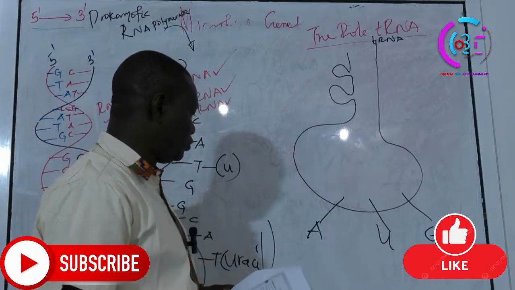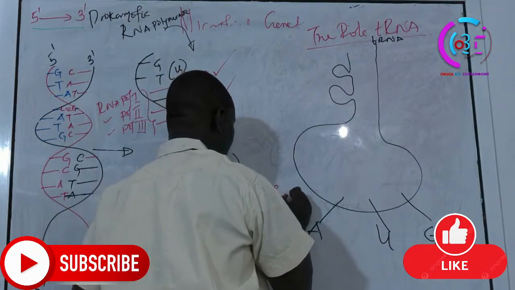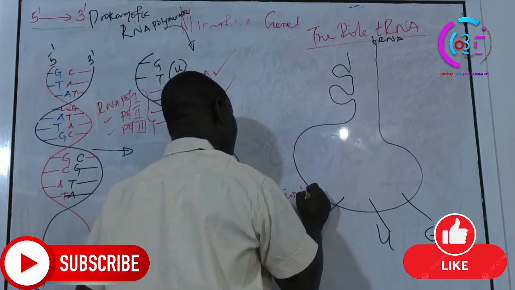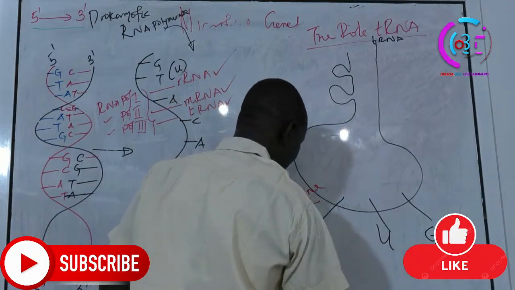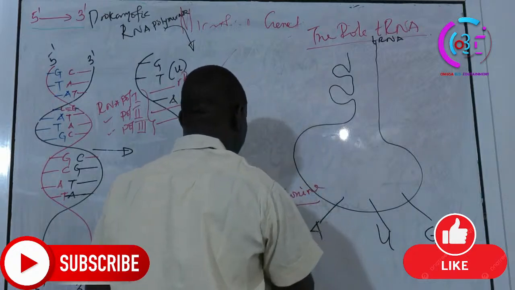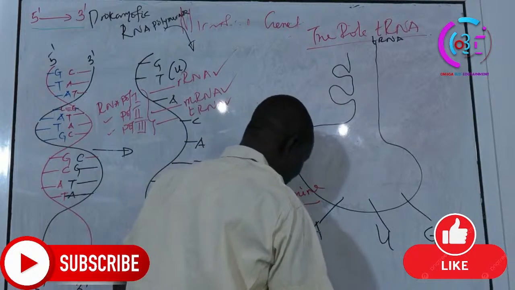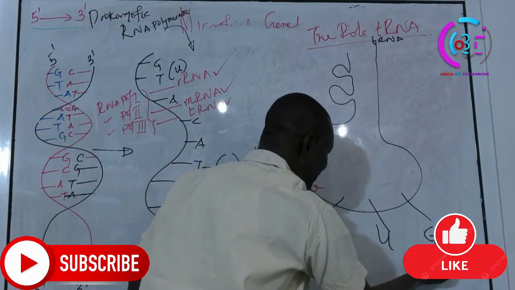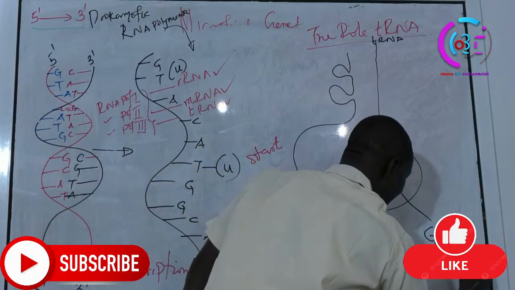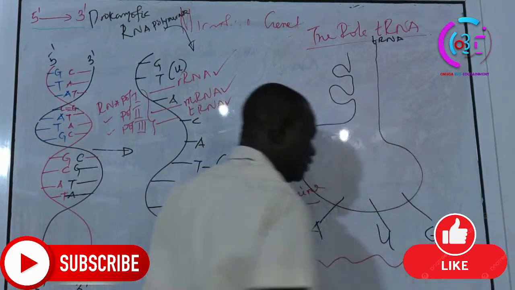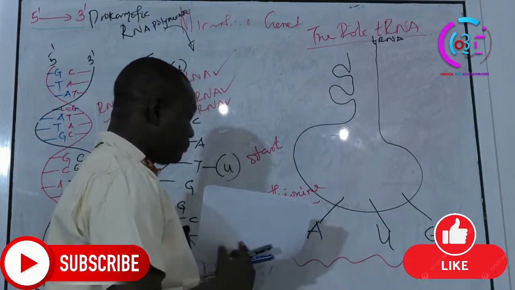you know that AUG stands for methionine, which is regarded as the start codon. On that, this is messenger RNA, mRNA, that is being synthesized from the previous transcription.